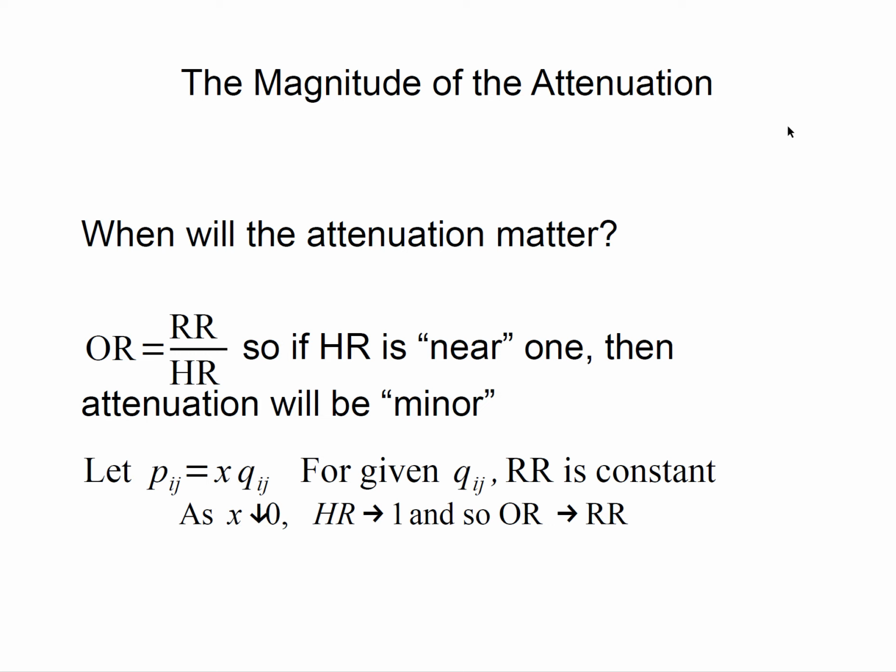Well, what is certainly true, if you look carefully at this, is that if the health ratio is very close to 1, then the odds ratio will be nearly the same as the risk ratio, and we would anticipate that there would be very little difference, then the attenuation issue would be very minor, because the odds ratio will be the same as, or almost the same as, the risk ratio. However, this is not well articulated, as we'll see in a minute.